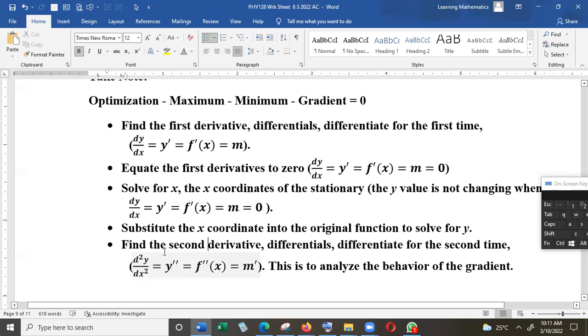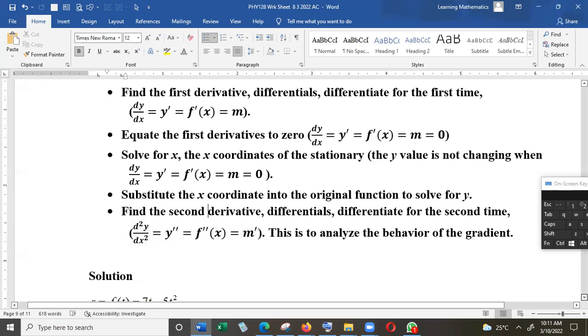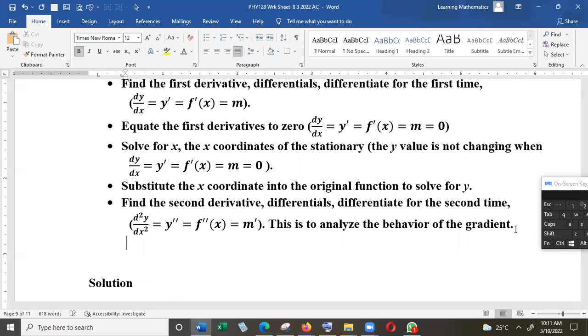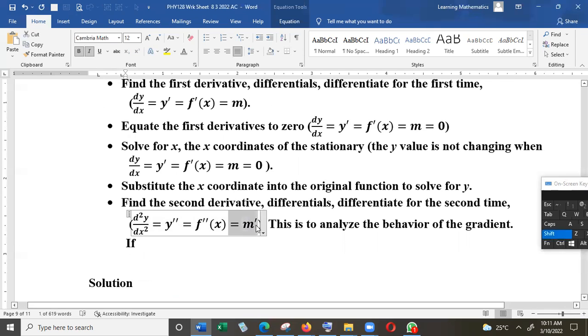You have to differentiate a second time. That means differentiating the gradient function. You want to see how the gradient is behaving. And we know that m prime is the notation for gradient of the gradient.